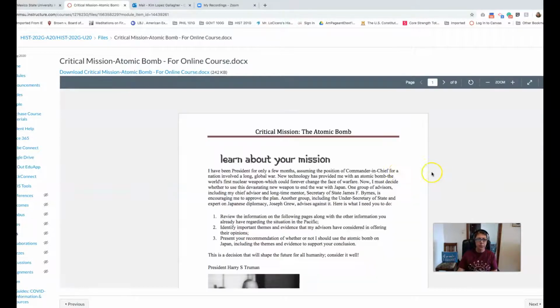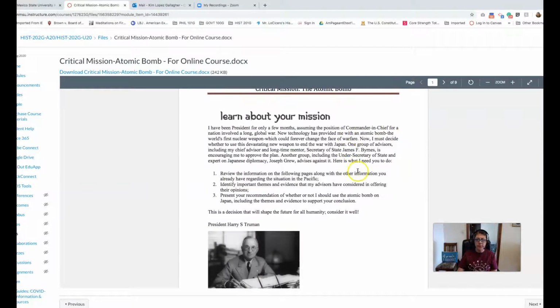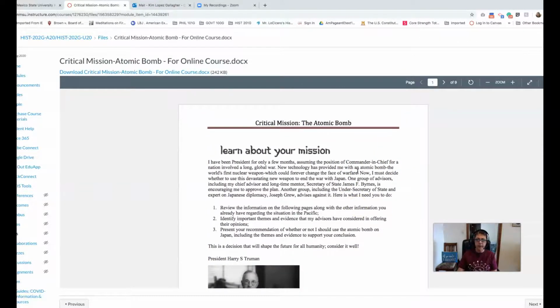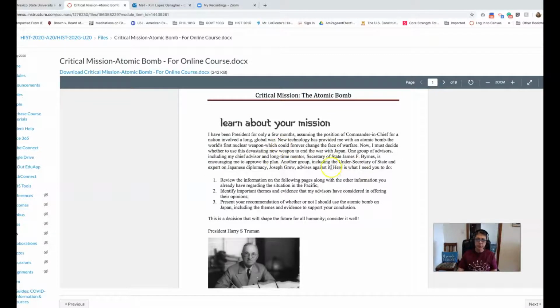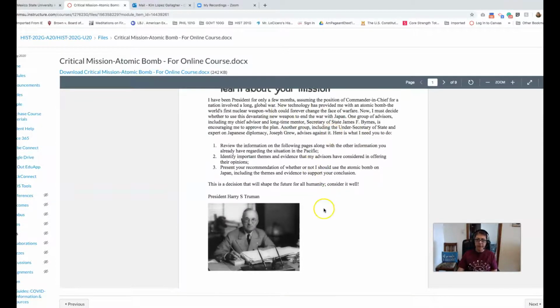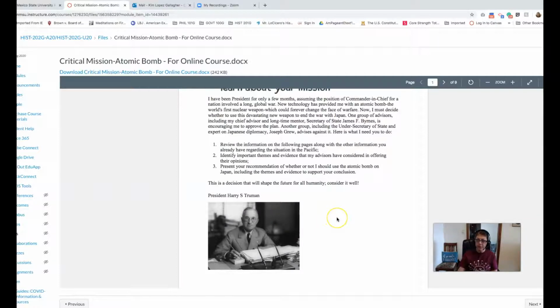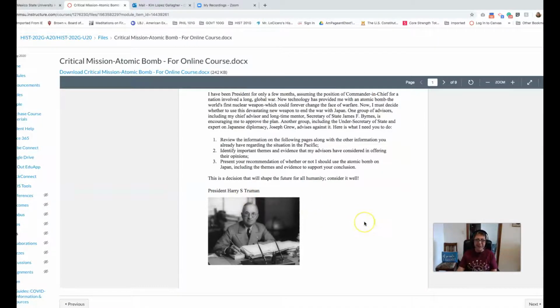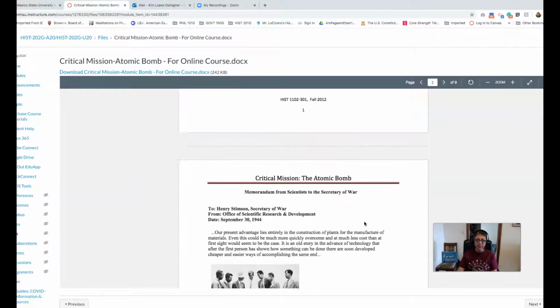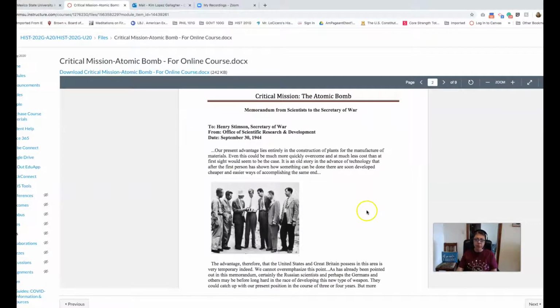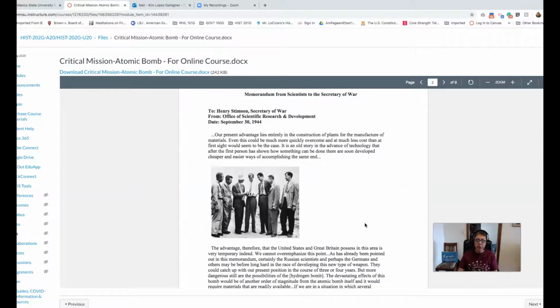This is the set of primary documents that I would like you to read. This is just an introduction. There's President Truman. Franklin Roosevelt died in 1945, and Truman, who was vice president, became president after Roosevelt's death. These are the actual primary source documents that you are to read.